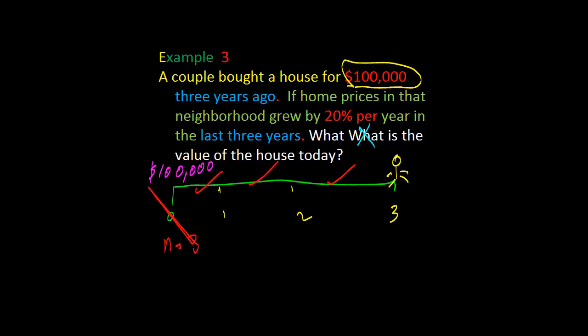We count them. Our present value is equal to $100,000, the amount they paid for the house 3 years ago. Our R, which is our return, is equal to 20%, and that is equal to 0.2.